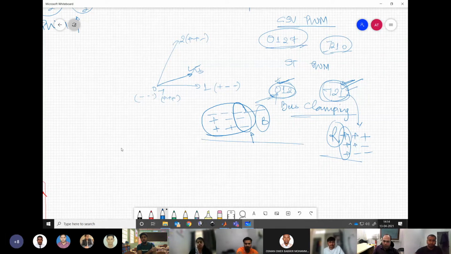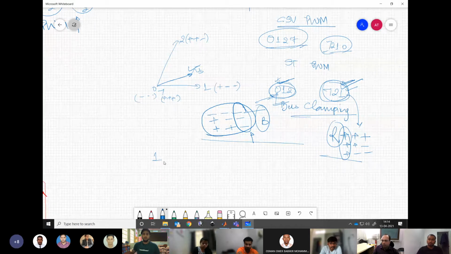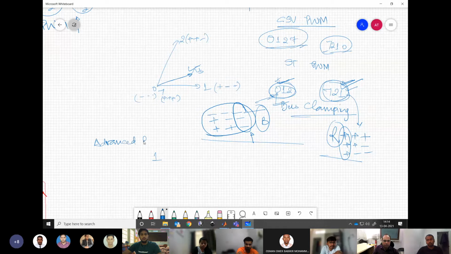Then we went for some advanced bus clamping sequences. Advanced means basically apart from achieving the bus clamping, they are doing something more. That's why those are called advanced bus clamping. Let's say this is something like 1012.